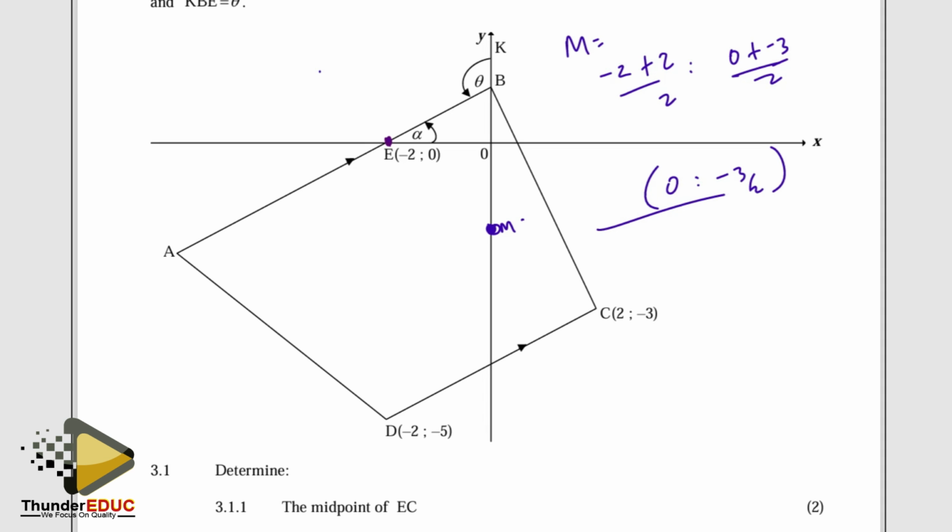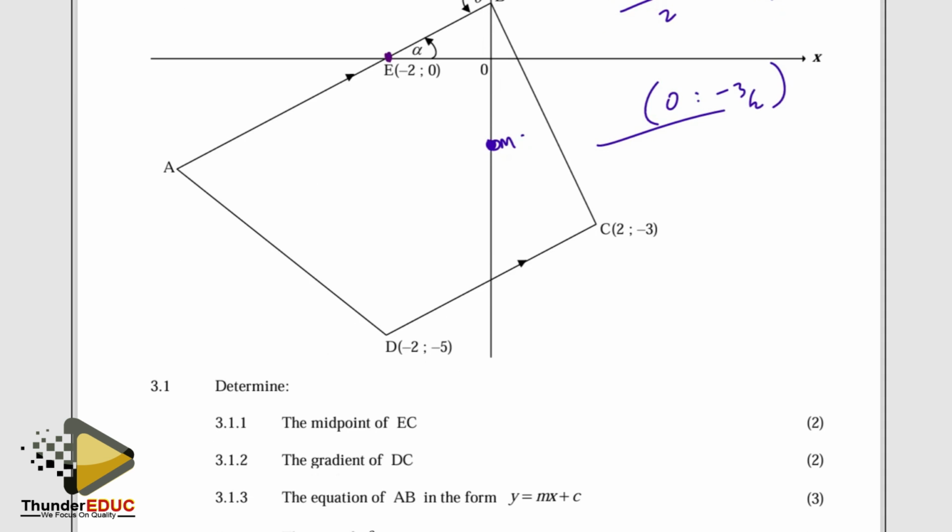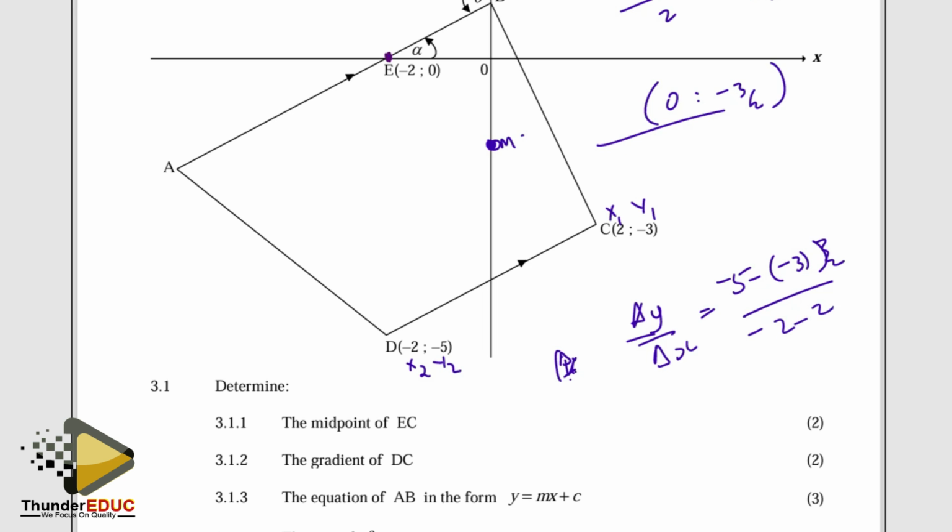Okay. Then the gradient of DC. So gradient is change in y over change in x. Please and please do not switch the values. Some people use change in x over change in y, which is wrong. So label this as your x1, y1, x2, and then y2. Then do the substitution. So we normally prefer to use y2 minus y1 over x2 minus x1. So minus 5 minus minus 3. I don't need this bracket, that's fine. And then x, we said minus 2 minus 2.